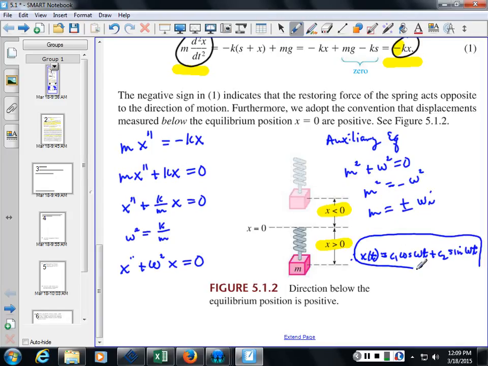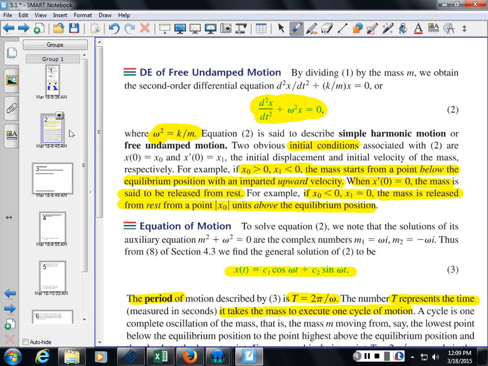Have you seen that equation before? This equation is the simple harmonic motion equation. That's the equation that we want to be able to produce from a particular problem. And he has all of that right here in his notes. See how he replaces omega squared to represent k over m.